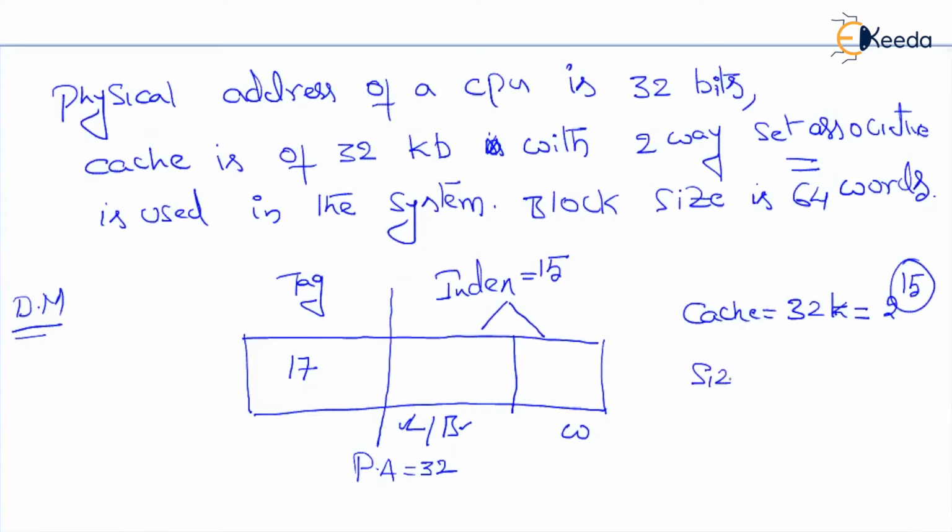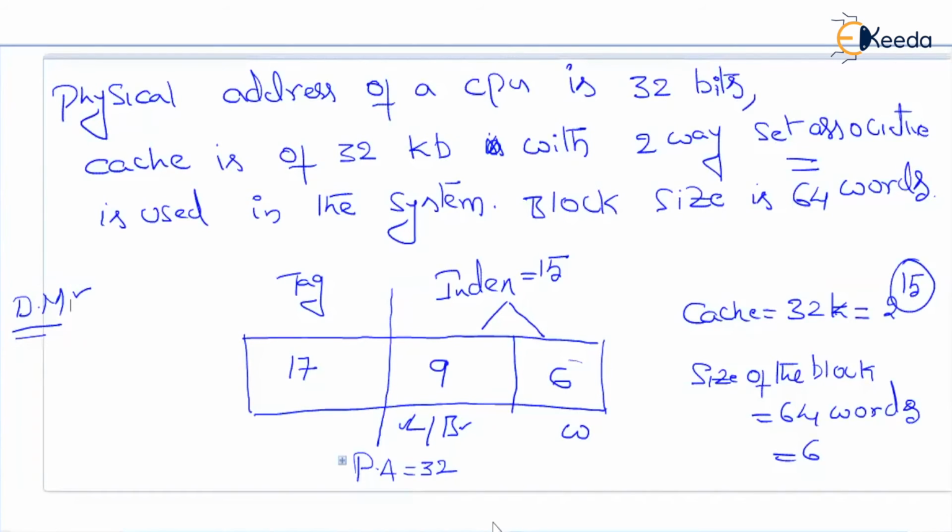Size of the block is 64 words, which means it requires 6 digits. So 15 minus 6 is equal to 9. So there are a total of 2 power 9 blocks, each block of 2 power 6 words, with a tag of 17 digits. This is for direct mapping division.